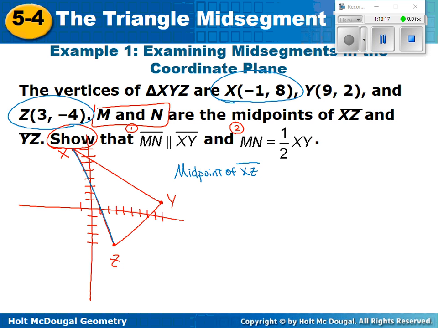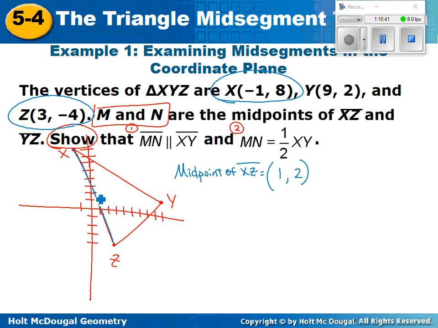So adding my x's, what is 3 plus negative 1? 2, and 2 divided by 2 is 1. Okay, so I'm not going to show my work here. I'm just going to do it mentally. What is negative 4 plus 8? 4, and divided by 2? 2. Okay, you can show your work on your homework, but just quickly trying to get that done here.